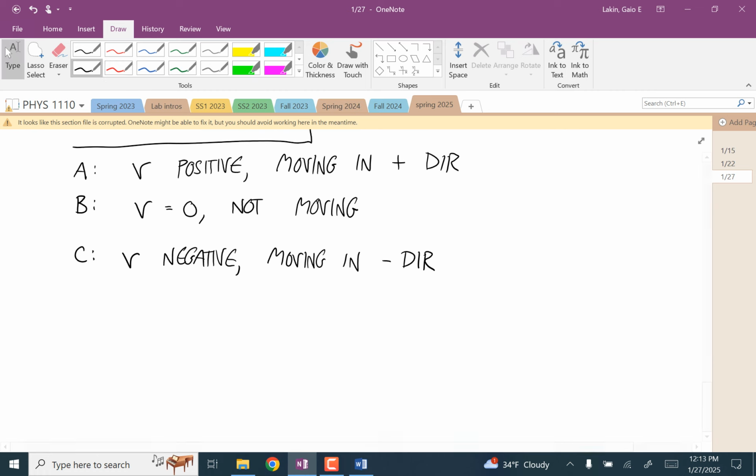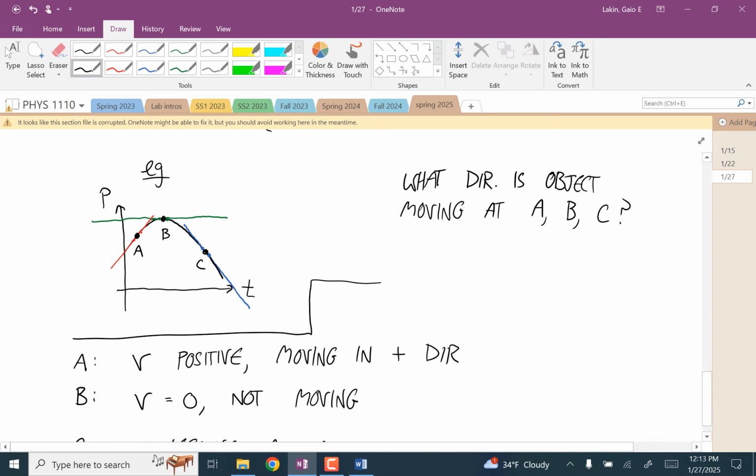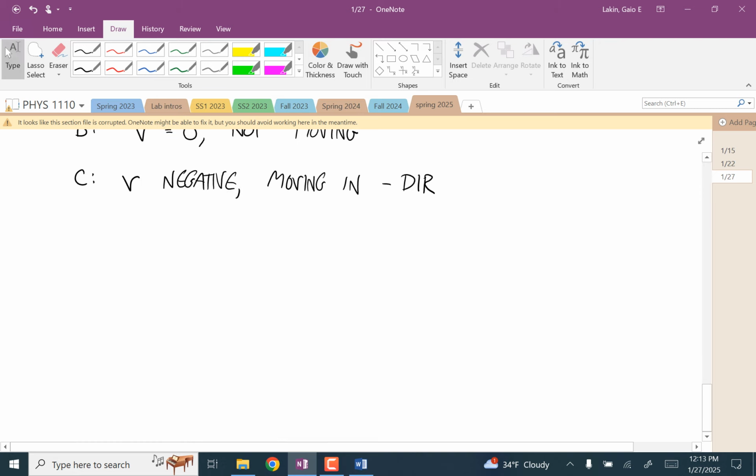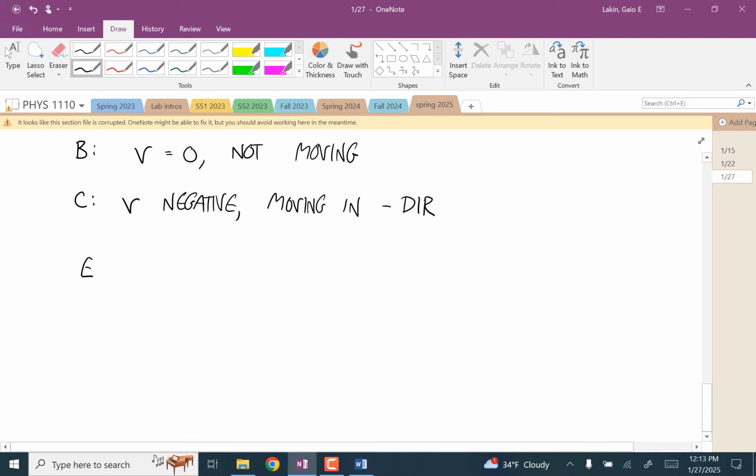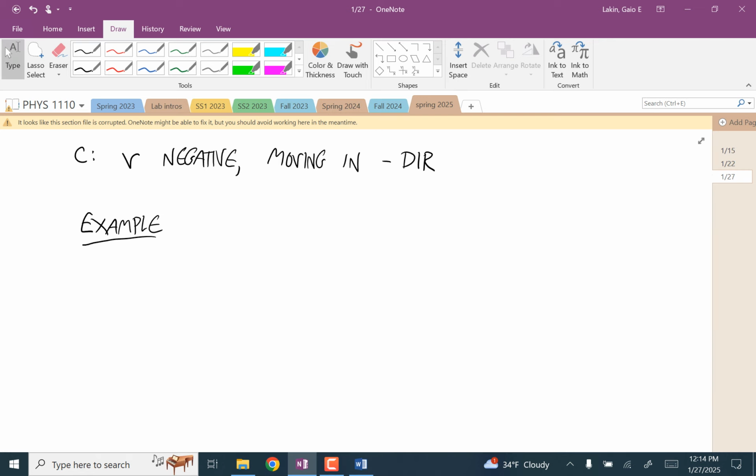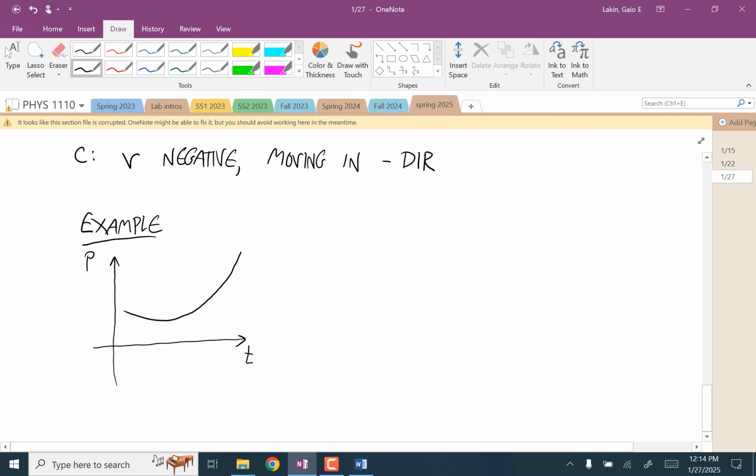Okay, let's do another example, but this time all of this happened in Math World. I didn't tell you that this supposedly represents a physical motion in the real world, but I didn't show you any of that. So everything was just numbers, graphs. So now let's say that we have a position versus time graph that looks like this. And the point that we're interested in is right here.